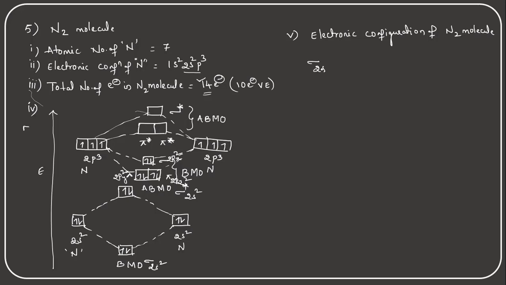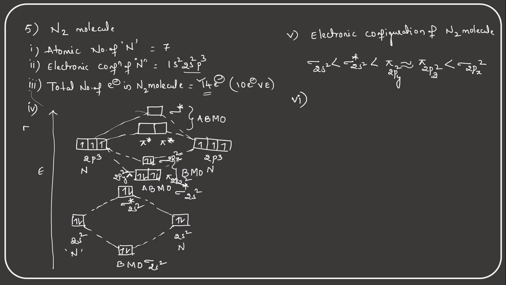So sigma 2s2 has lesser energy than the sigma star 2s2. Then the sigma star 2s2 has less energy than the pi orbitals, and each pi orbital is equivalent. So 2py has two electrons, and the 2pz orbital also has two electrons, and these have lesser energy than sigma 2px with two electrons, right? So this is the electronic configuration.